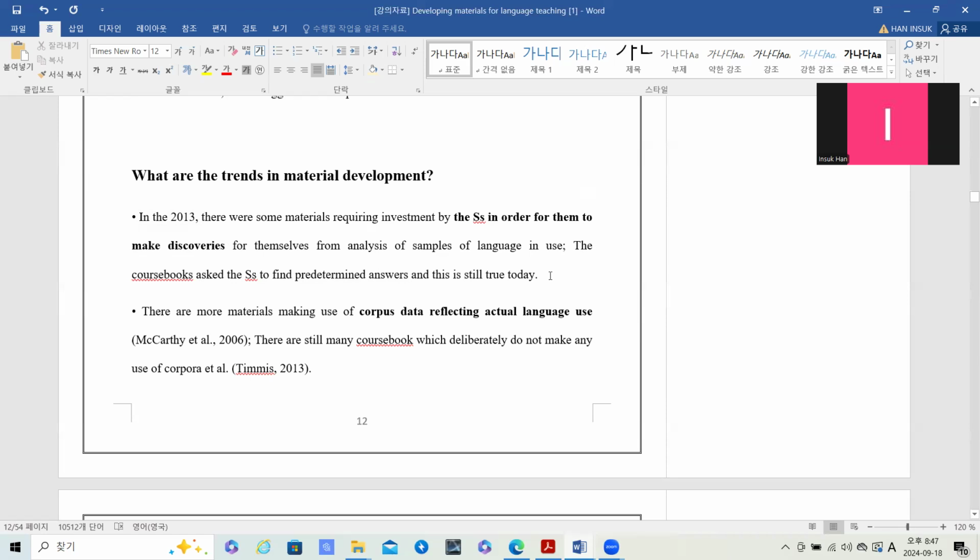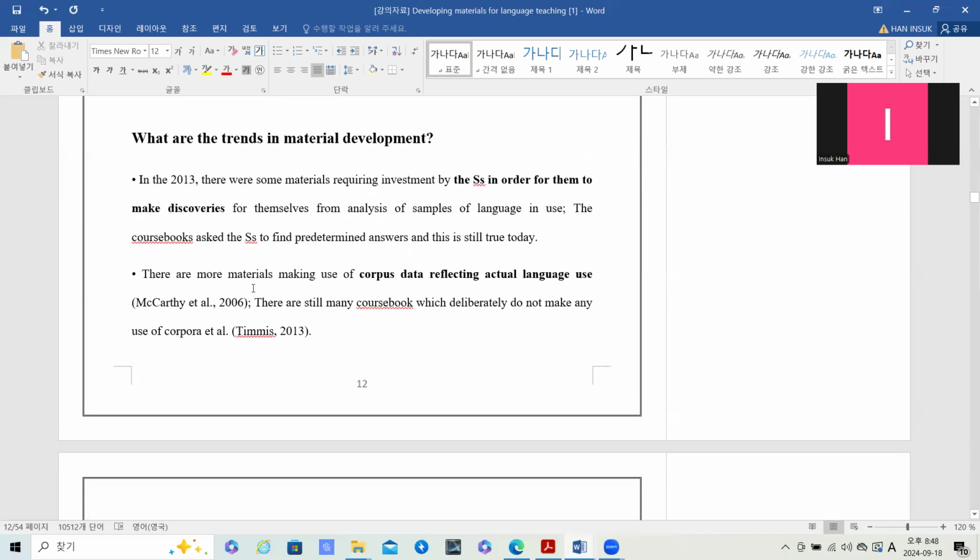I mean the higher order thinking, like inferences or integration or synthesis. So many of the course books just require students to give predetermined answers, which means that the books are not much based on the principles of a communicative language teaching approach.